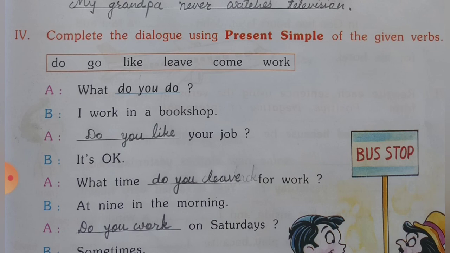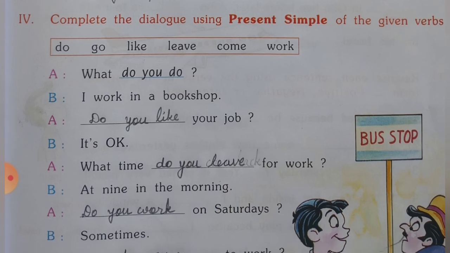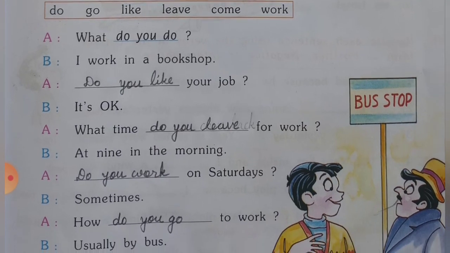Leave means to go from the house. What time do you leave for work? At 9 in the morning. Dash on Saturday. Do you work on Saturdays? Here the answer is sometimes.